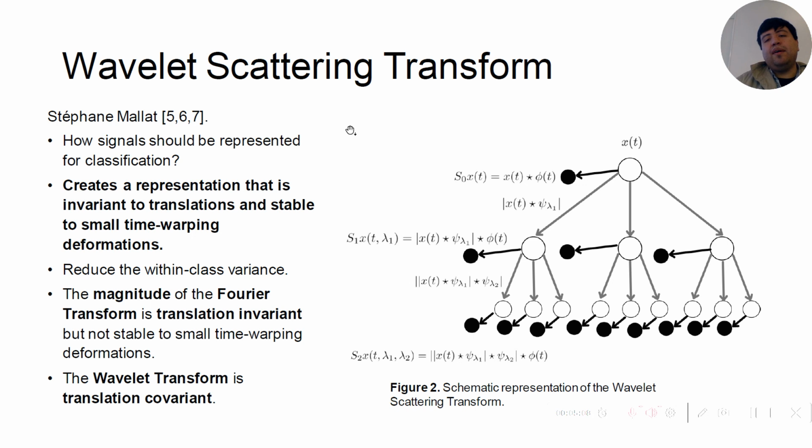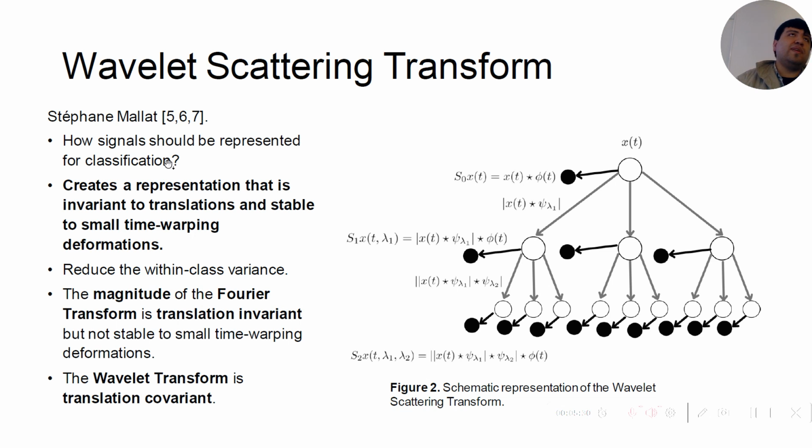So talking a little bit about the feature extraction technique that we use for this work, this is called the scattering transform. Basically, this was proposed by an author named Stéphane Mallat, and the main question that he wanted to answer when he developed this technique is how signals should be represented for classification.